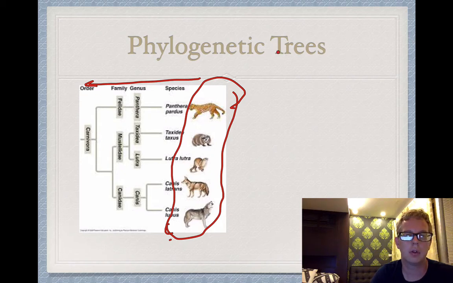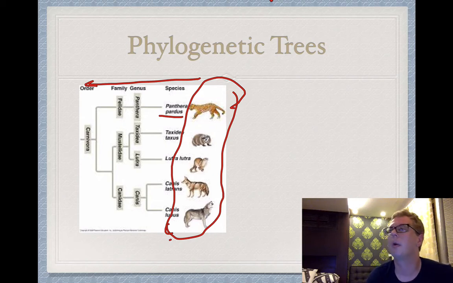So, for example, Panthera pardus is part of the Panthera genus, and it's part of the Felidae family, and eventually the Carnivora order, and we can keep going back from there. All species names are given in Latin, so just keep that in the back of your mind.